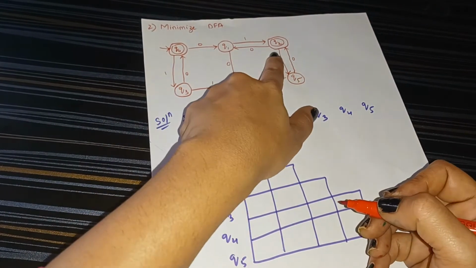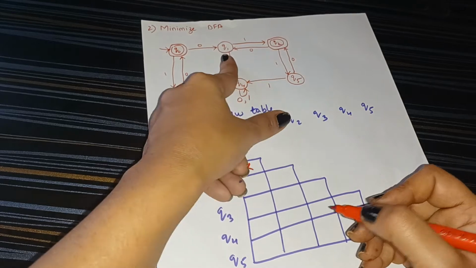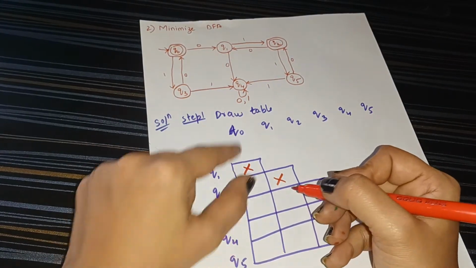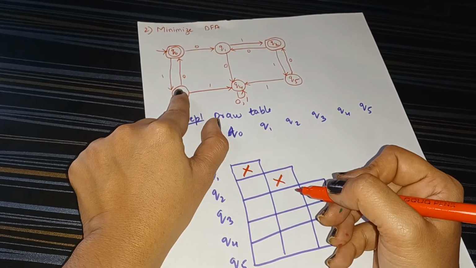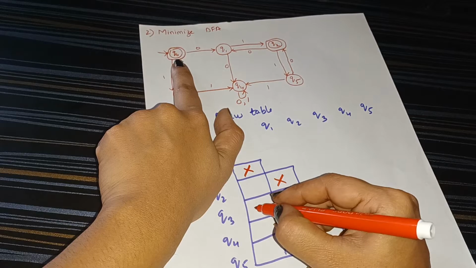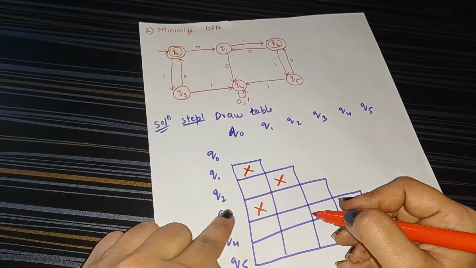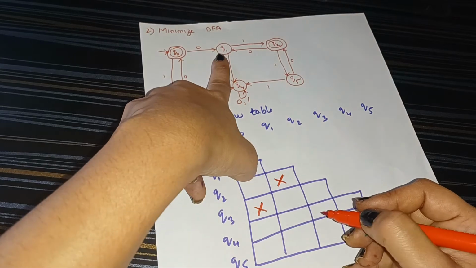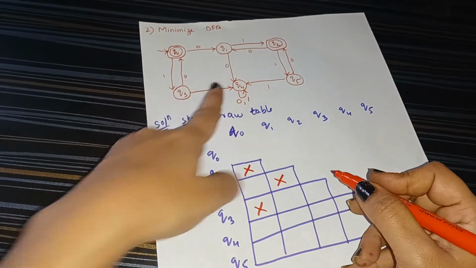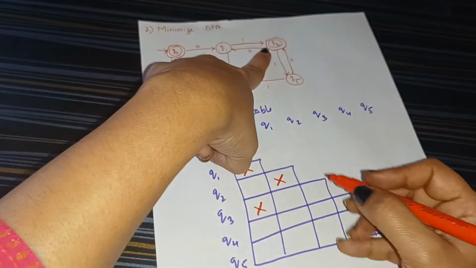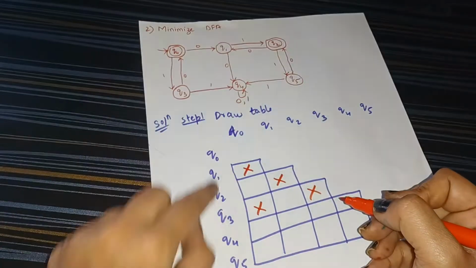Q2, Q1: Q2 is final, Q1 is non-final, we will mark it. Q3, Q0: Q3 is non-final, Q0 is final, so we will mark this. Q3, Q1: both non-final, will not mark. Q3, Q2: Q3 is non-final, Q2 is final, we will mark this.